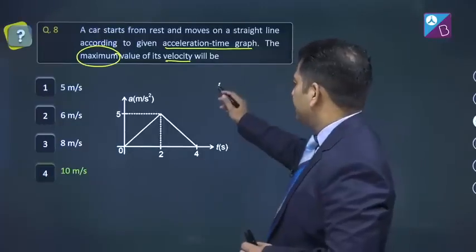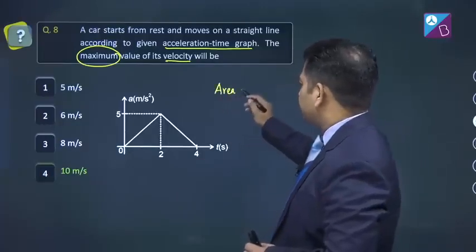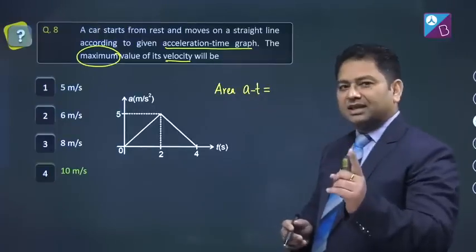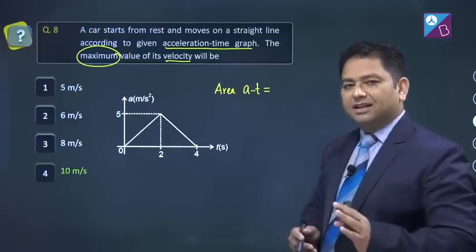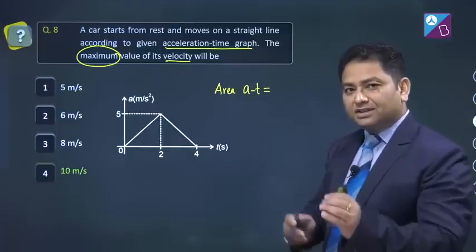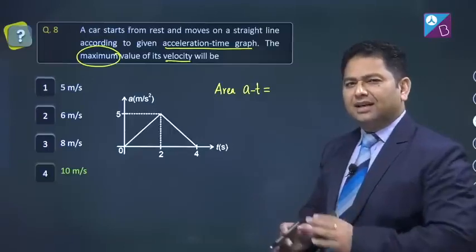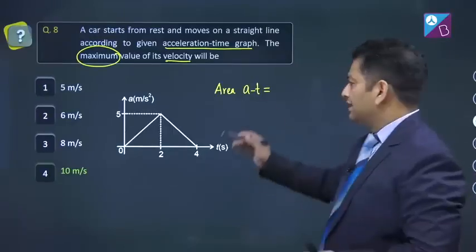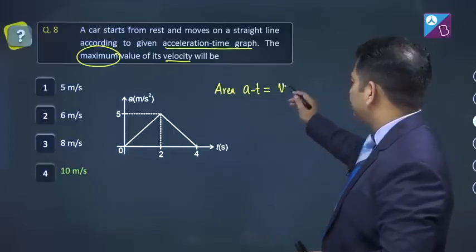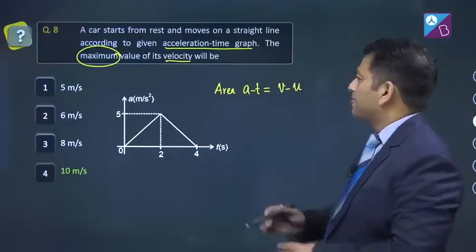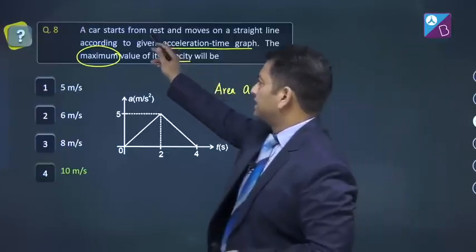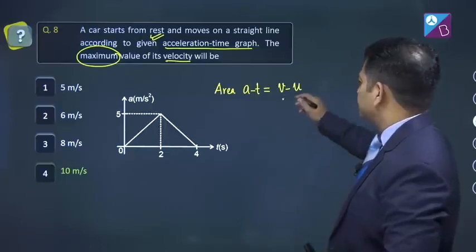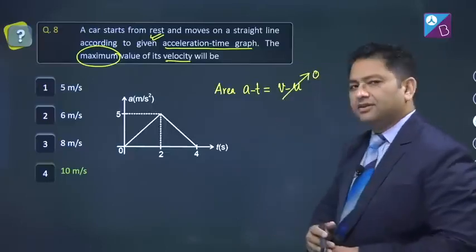So here, area of acceleration time graph, that is not velocity, change in velocity. I have found even the best students sometimes ये गलती करते हैं कि acceleration का जो area है वो velocity लिख देते हैं. But be careful, the area of acceleration time graph will be change in velocity. However, क्योंकि question हमें कहता है the car starts from rest. In that given situation, the initial velocity will be 0.